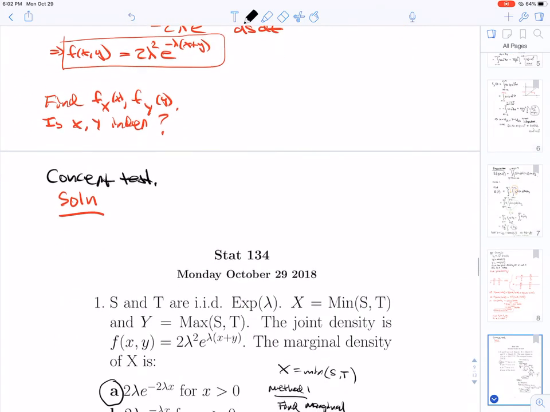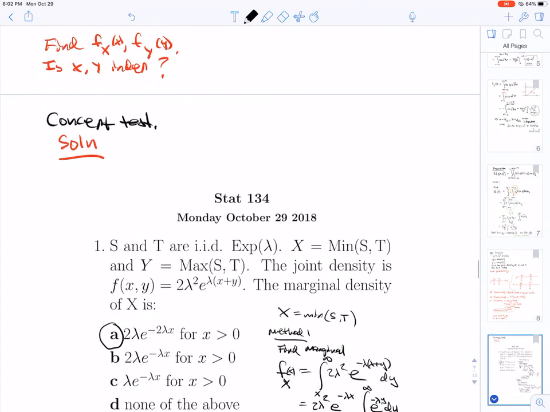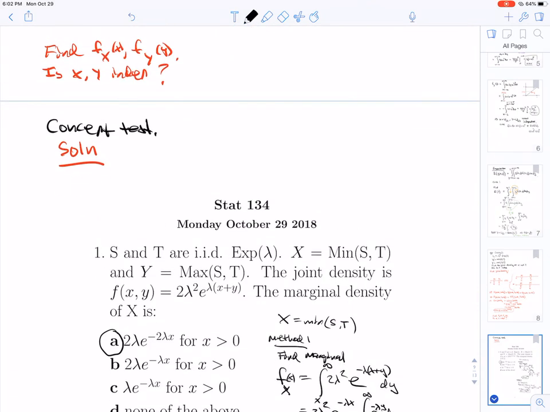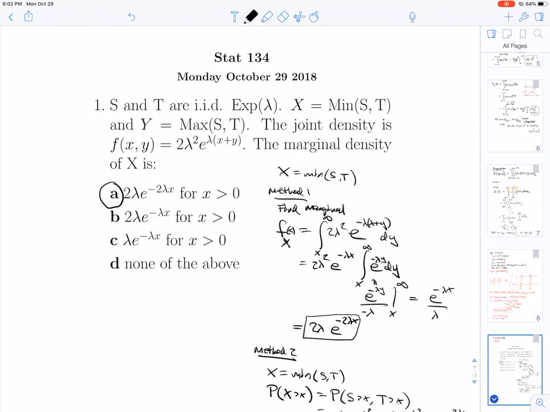And so then as a concept test, you explored what the marginals are, and you can find the marginals either by integrating.